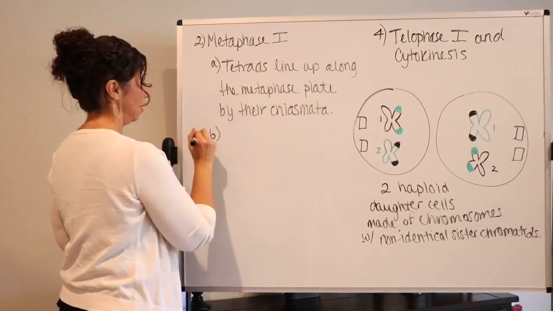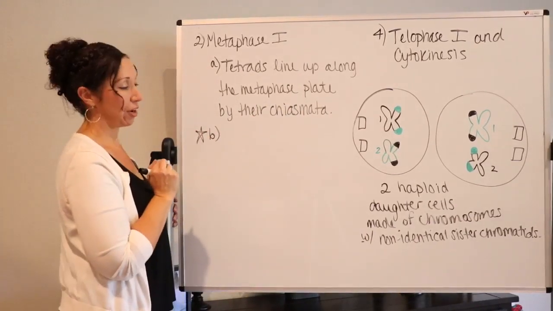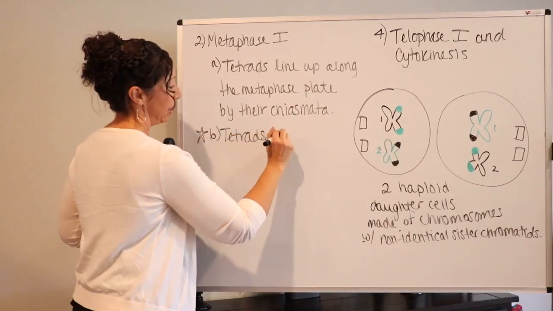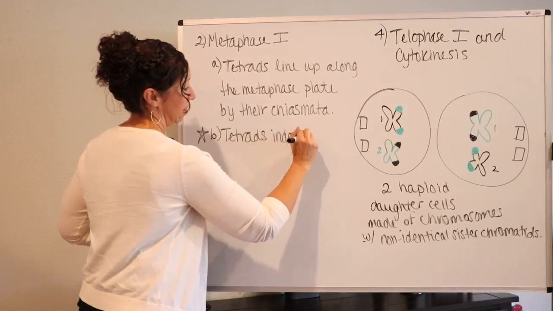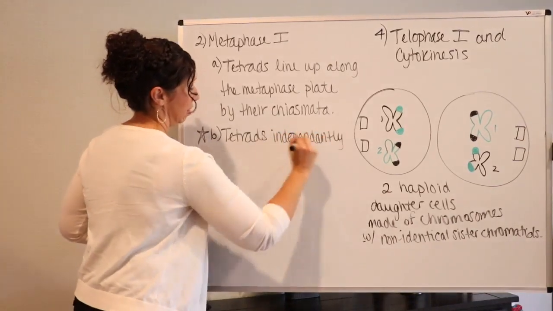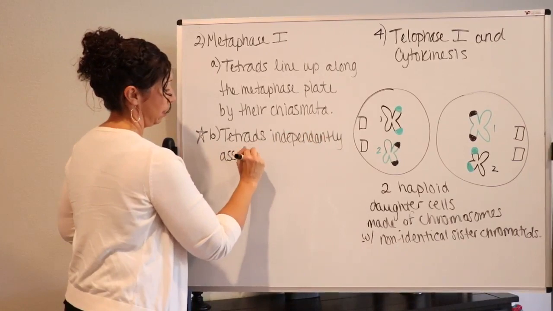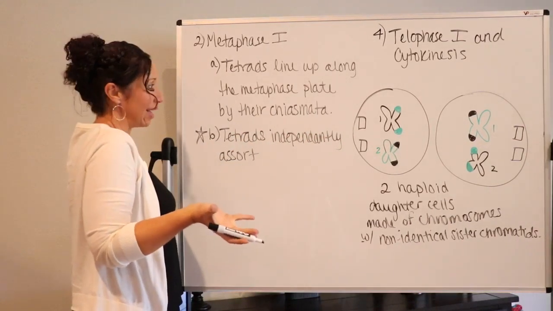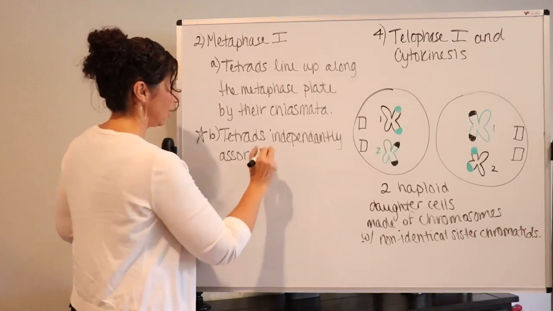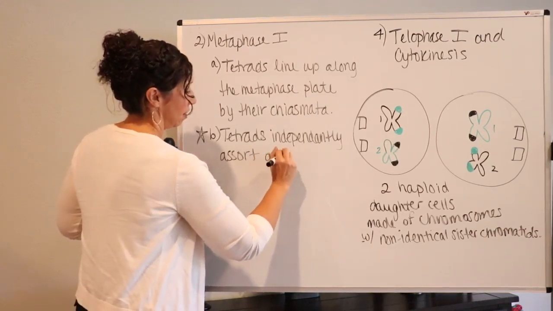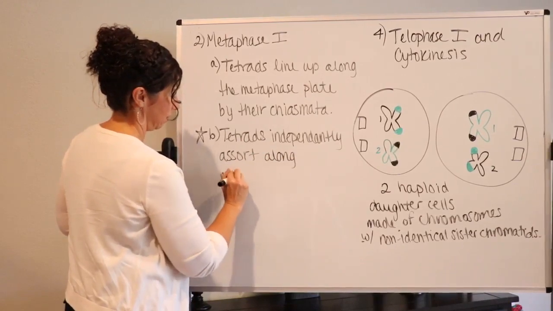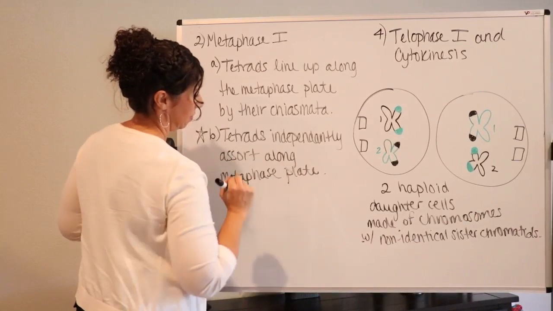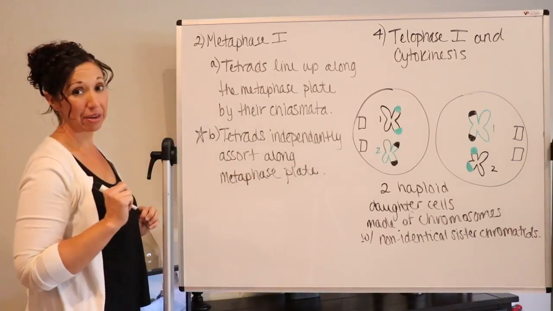And here's the important genetic variability part. The tetrads independently assort. You have no idea which way they're going to assort. It's independent. They're not dependent on anything, so they just assort independently along the metaphase plate. That's a big deal.